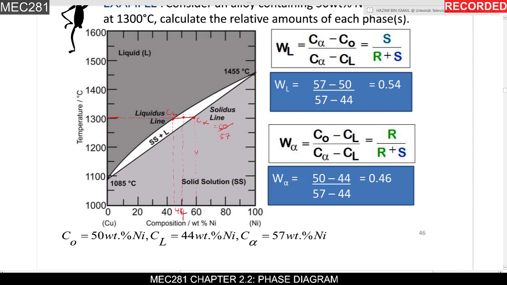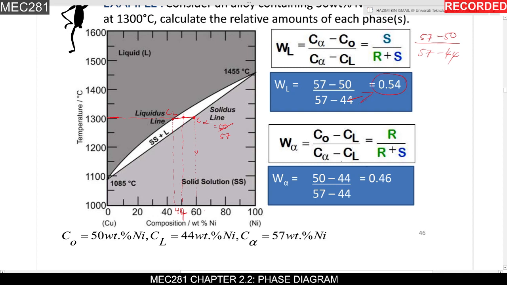So 57 minus our C0, which is 50, over C alpha 57 minus our C liquid, which is 44.